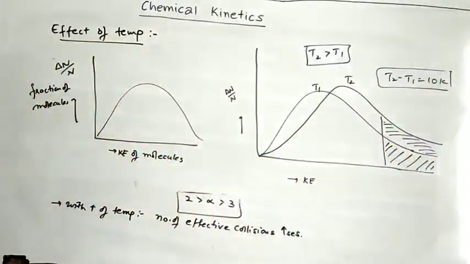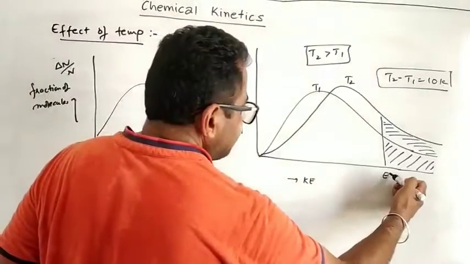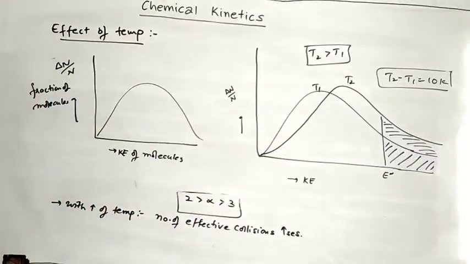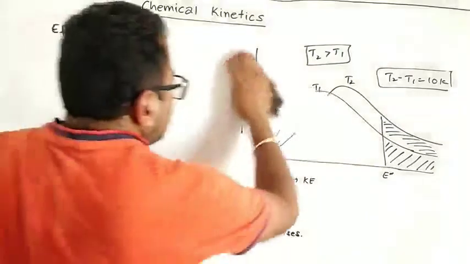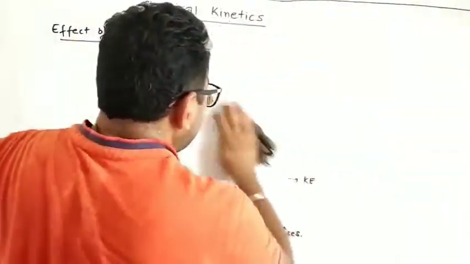So the area under the curve becomes double, which represents the molecules having energy more than the threshold energy. So when we increase the temperature, the molecules having energy equal to or more than threshold energy become almost double. That's why the rate of reaction becomes double. So this is the reason why with increase in temperature the rate of reaction becomes almost double or 3 times.